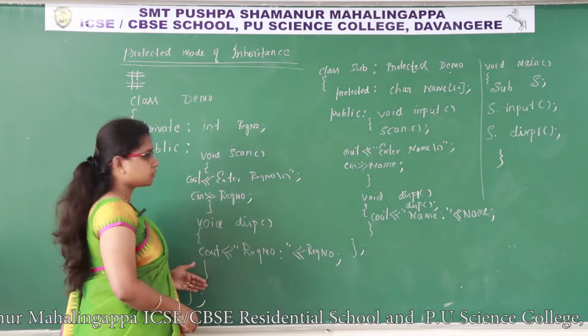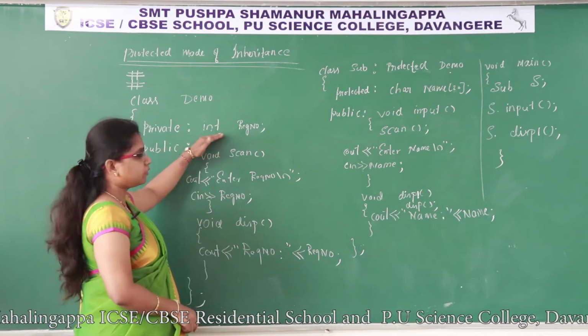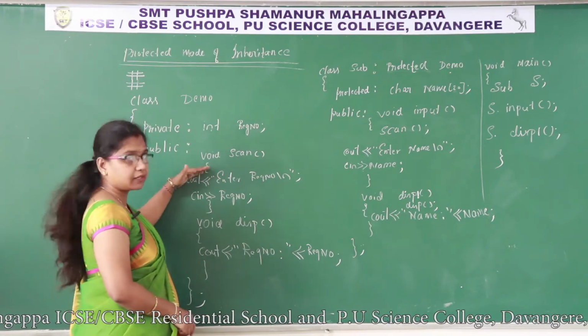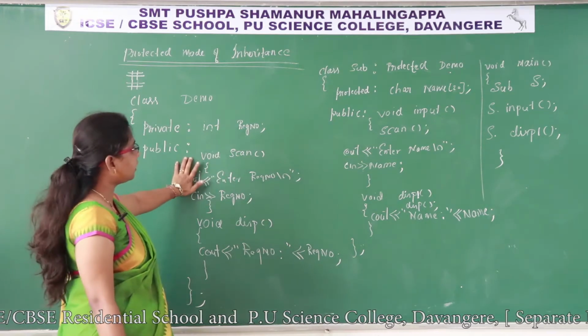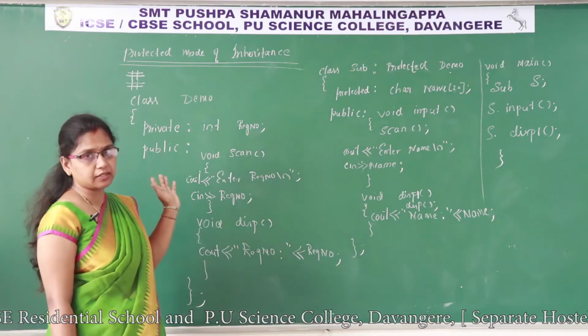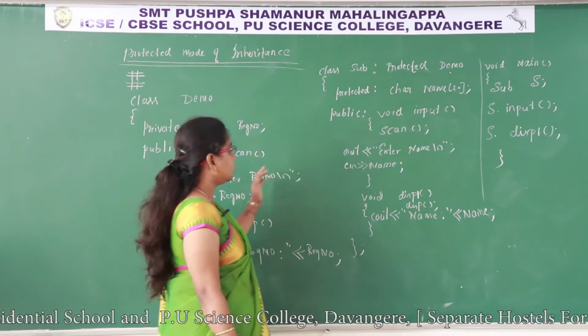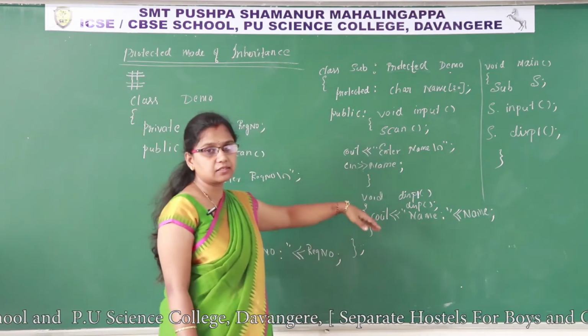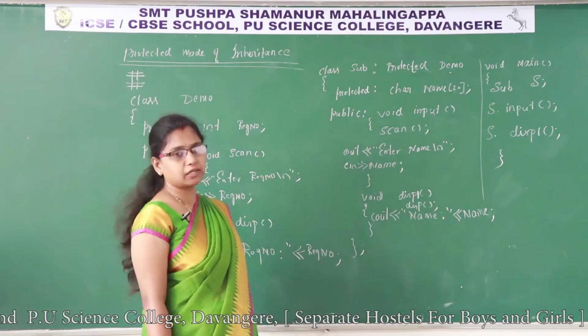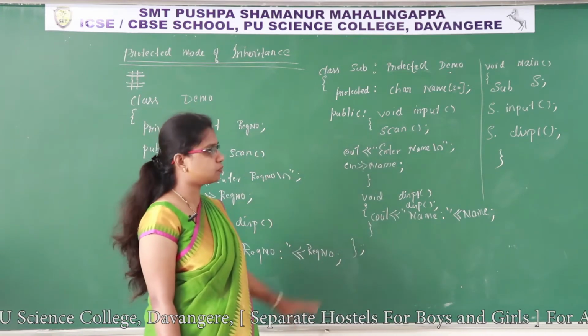In this particular example, I have taken private data and public data. Private data cannot be inherited. Public data goes to the protected section of the derived class. Okay. To access a protected member, we must take a member function in the class. That function can access protected data. I hope you understood this program.